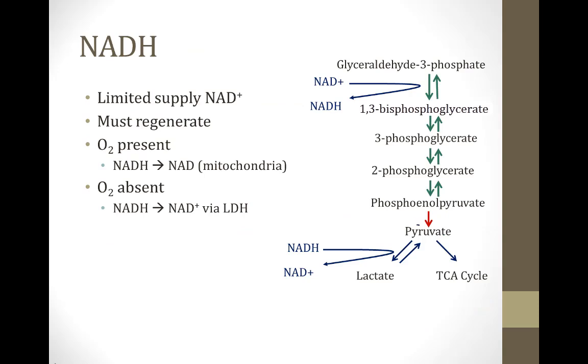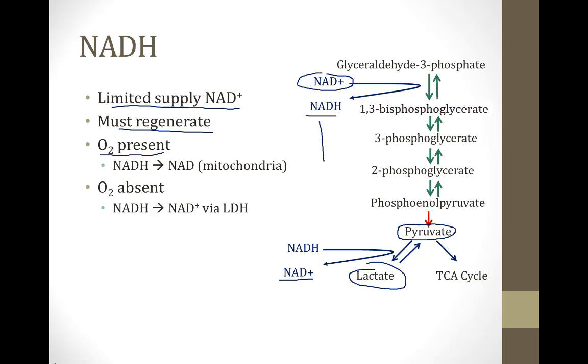Another important feature of this conversion of pyruvate to lactate is that it regenerates NAD+. Recall that we used the molecule of NAD+ in the first step of the priming stage of glycolysis. We converted it into NADH. It turns out that cells have a very limited supply of NAD+, so they need to regenerate this in order to continue conducting glycolysis, which is vital to the cell. Now, if oxygen is present, this is no problem.